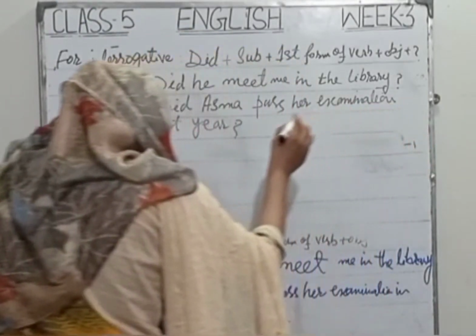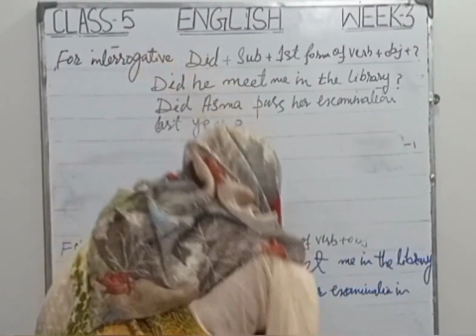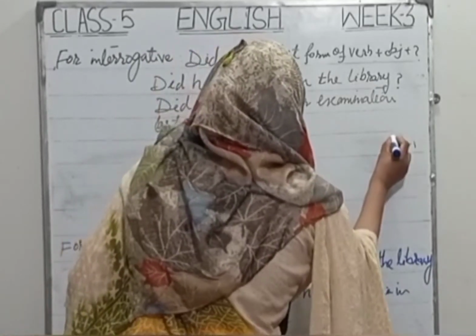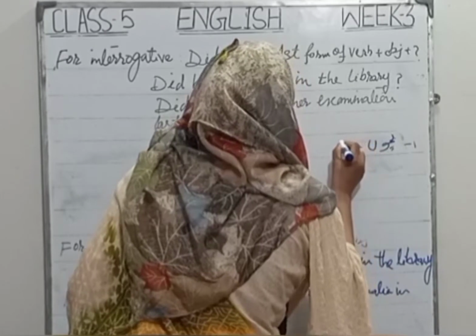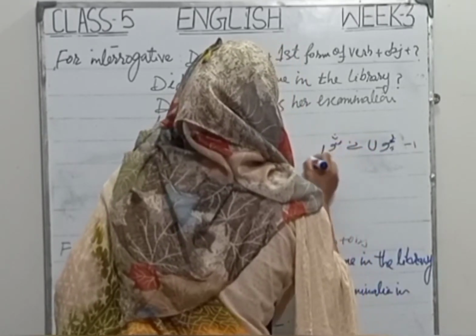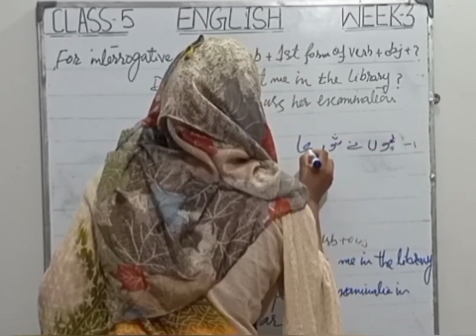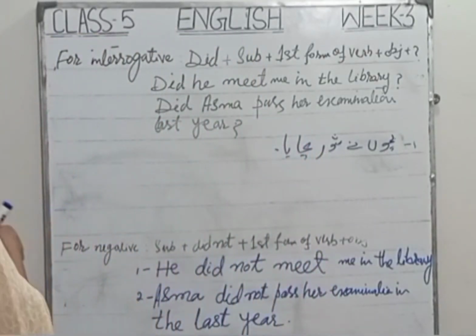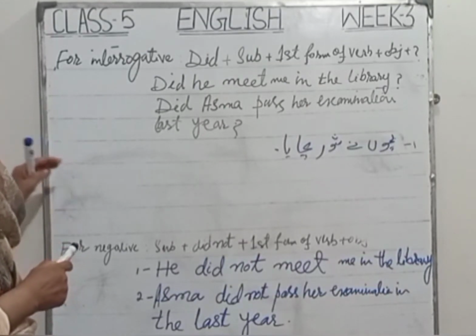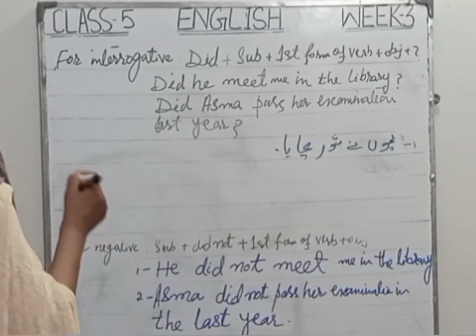I am writing here sentence number 1. बच्चों ने शोर मचाया. You have to translate into English, then change into negative and interrogative.